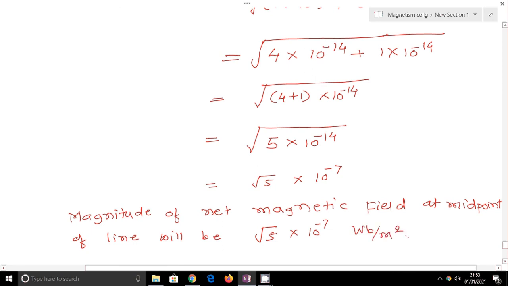So this is the answer of the third example, from the magnetic field.